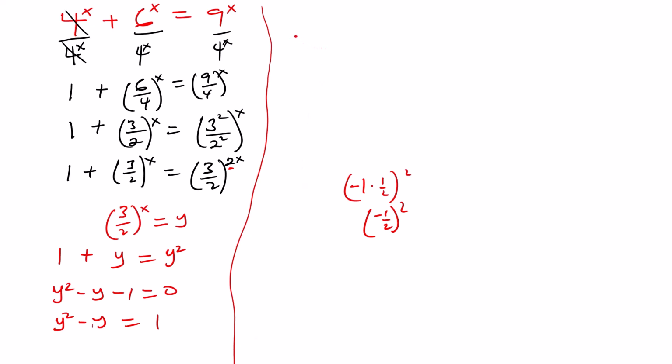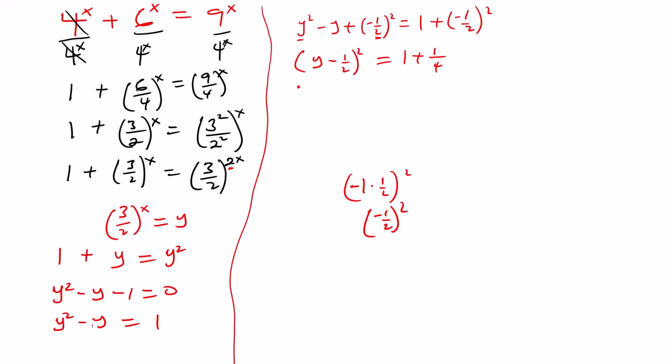So I have y squared minus y, and I'll add the result here, plus minus 1 on 2 squared, equals 1 plus minus 1 on 2 squared. Okay, so we pick this and that. We have y minus half all squared. If I expand, you get the same thing. 1 plus, now let's simplify this, 1 on 4.